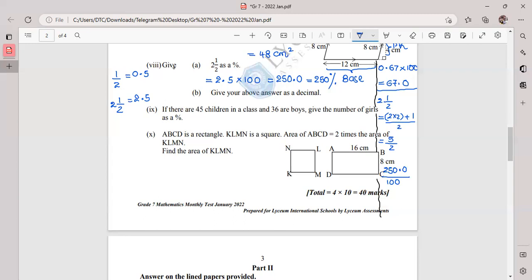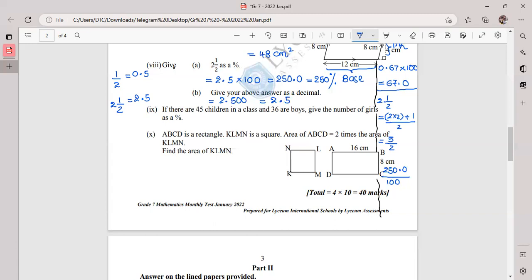Then what happens when you divide this by 100? That becomes 2.500, but there is no point in writing zeros at the end. This will be the answer.